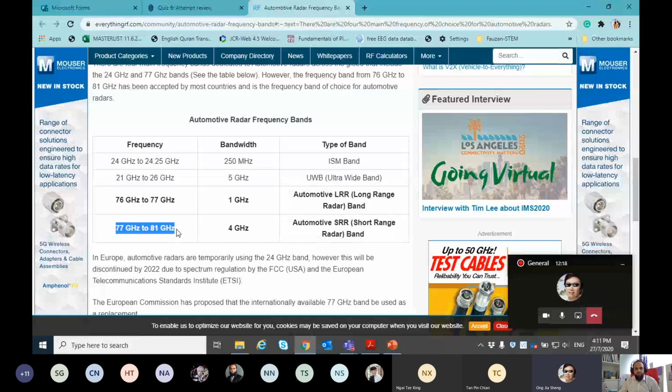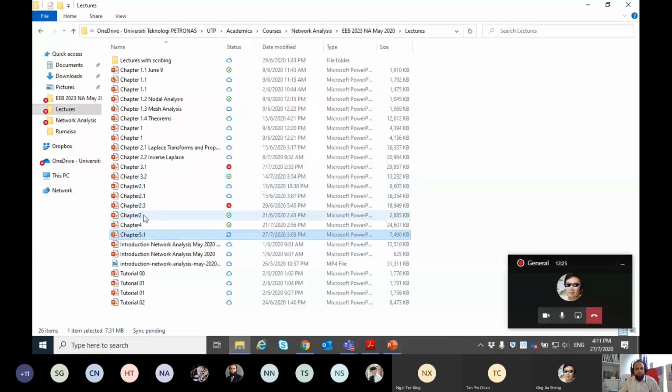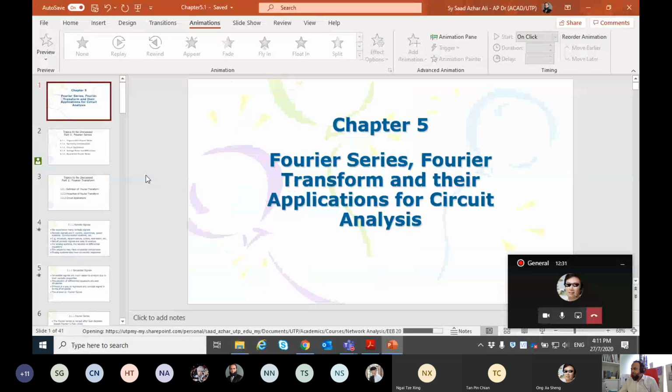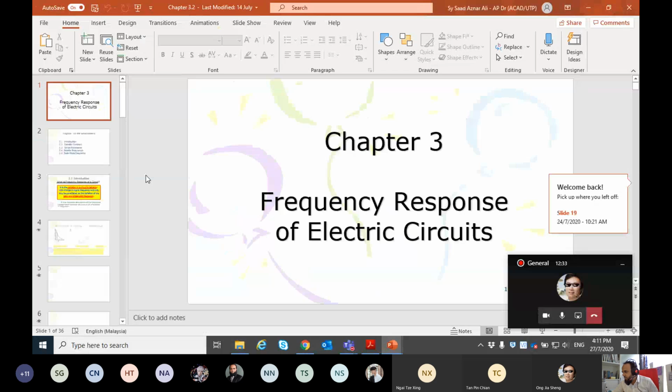24 gigahertz. You know, the band pass filter looks like, let me open a band pass filter. Was it 3.2? 3.2. Okay, somebody is recording. Let me record it as well. Oh, already. Okay.